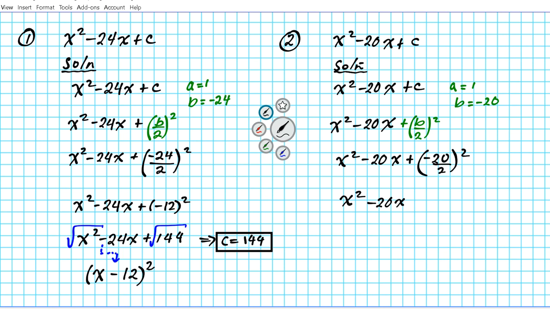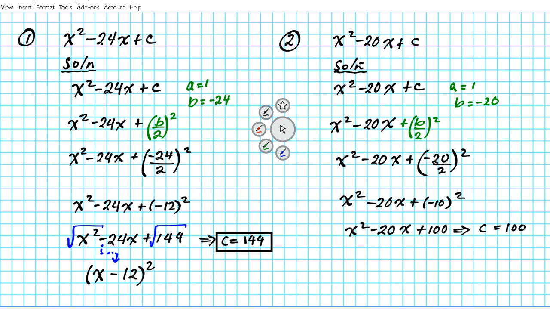Negative 20 over 2 is negative 10, so plus negative 10 squared. When you simplify that, negative 10 squared is 100, so you have x squared minus 20x plus 100. So the c value that makes this expression a perfect square trinomial is 100.